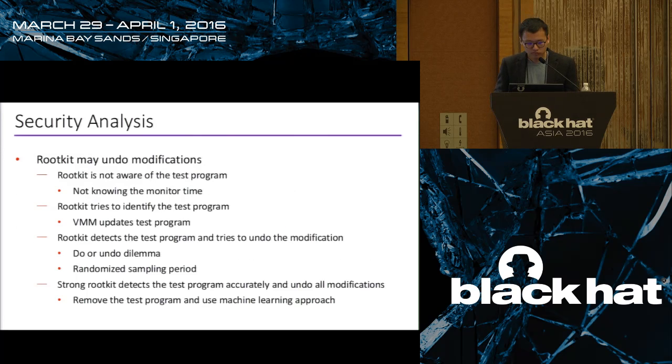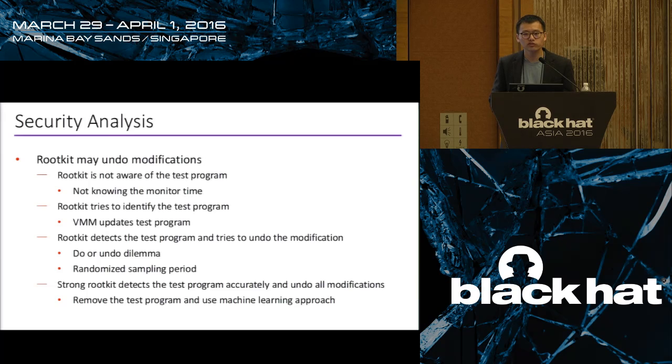All right. Those rootkits that I just talked about are probably too weak. Now let's see stronger ones. This type of rootkit may try to undo the modification, right? Now, if the rootkit that tries to undo the modification does not know the test program exists, then it does not know when it is being monitored.